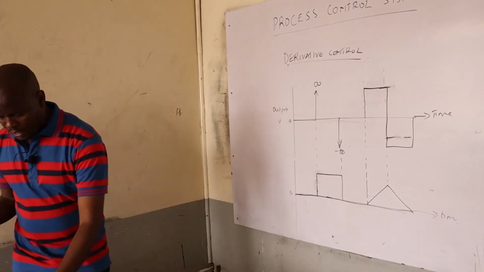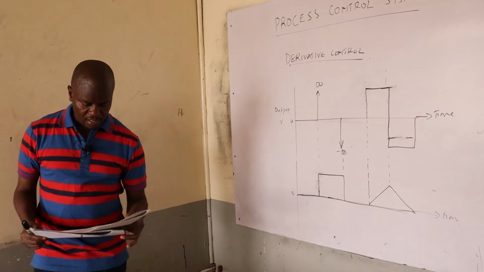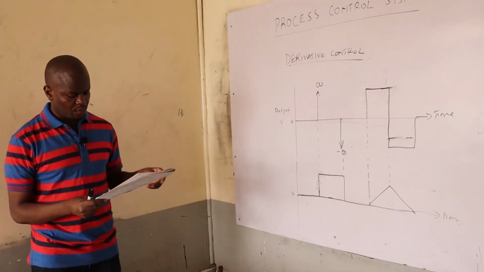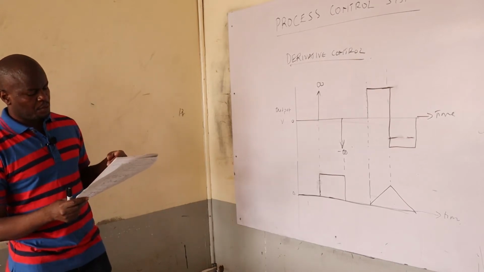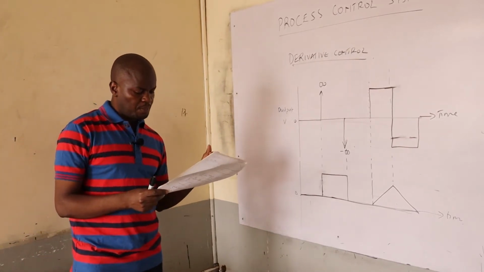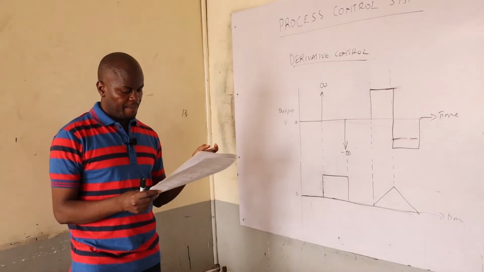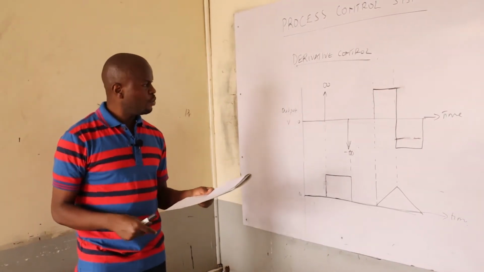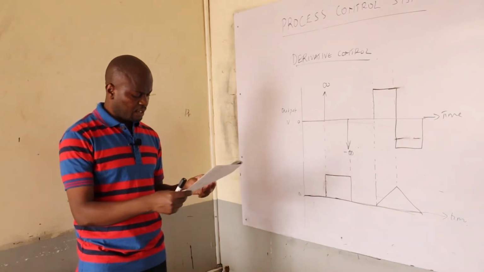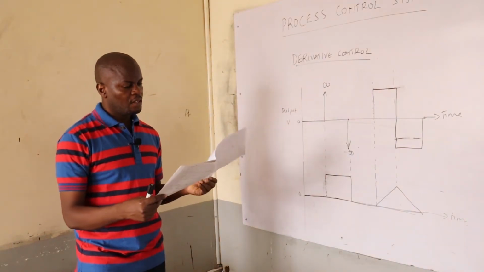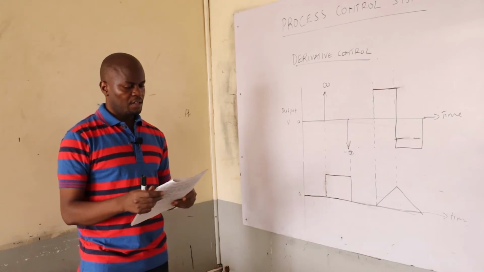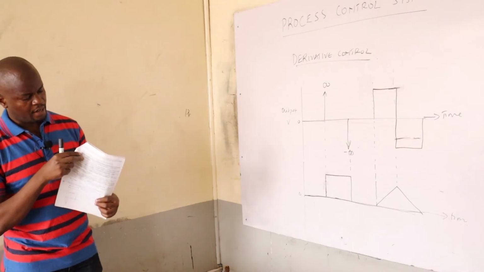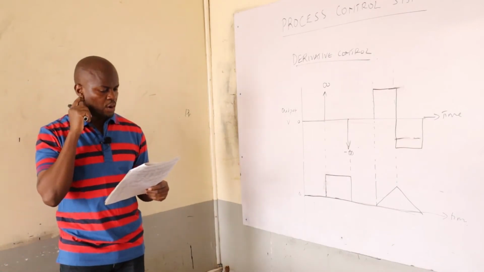So at every instant, the output of the derivative mode is proportional to the slope, the rate of change of the signal. The step response indicates why the ideal derivative mode is not used alone. The error curve has an infinite slope for a step change, and the derivative mode must respond with an infinite change in the controller output.